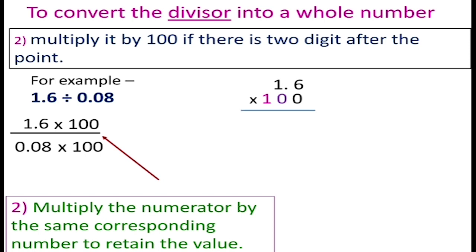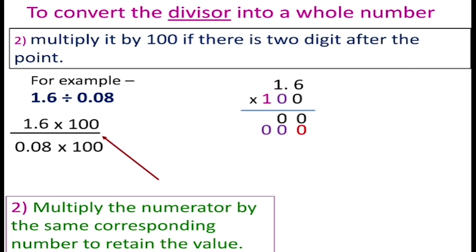First you have to multiply the 0 by 1.6. So when 0 is multiplied by 6, you get 0. When 0 is multiplied by 1, you get 0. Then put a 0. Then again the next 0 will be multiplied by 1.6. So 0 into 6 equals 0. Write 0 here. Then 0 into 1 equals 0.